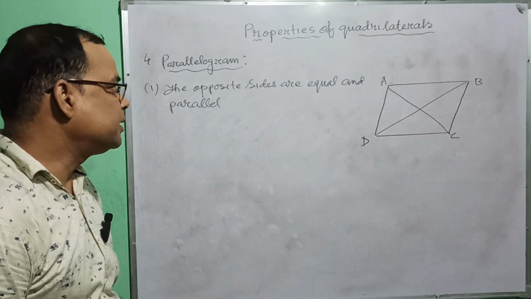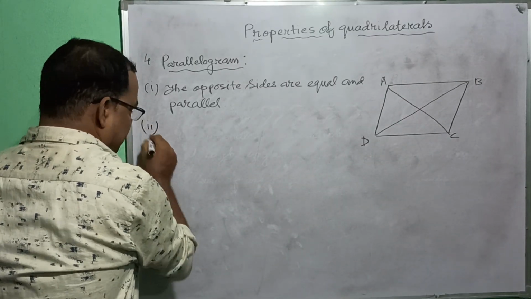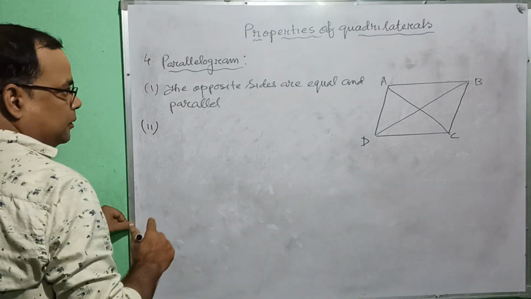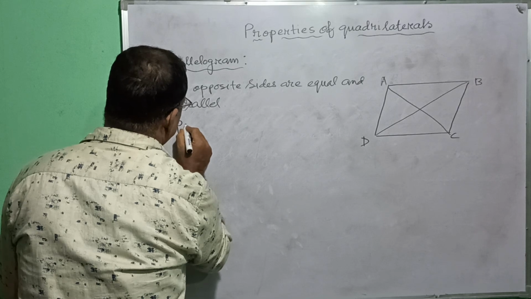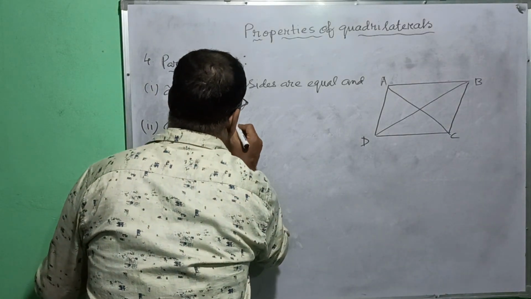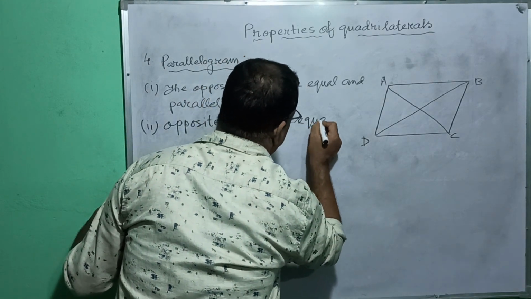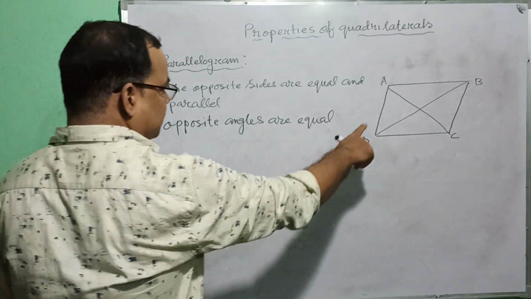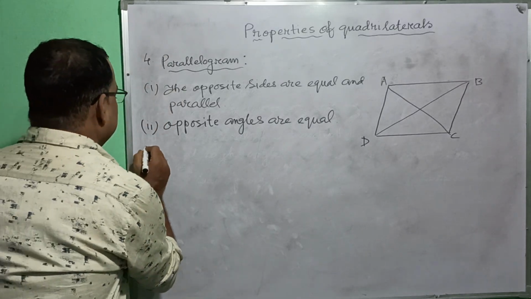Number two, that one we'll write later on. Before that we can write opposite angles are equal. So it is also like rhombus. Opposite angles are equal. It means angle A is equal to angle C, angle B is equal to angle D.